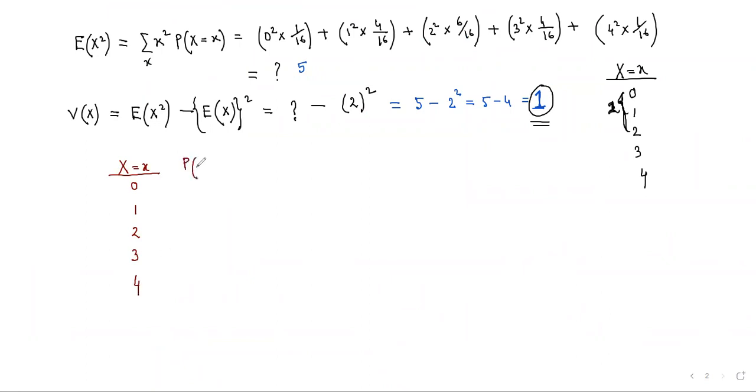I'm going to talk about something else very interesting. So I'm rewriting the chart. So it is 1 by 16, 4 by 16, and 6 by 16, and 4 by 16, and 1 by 16.